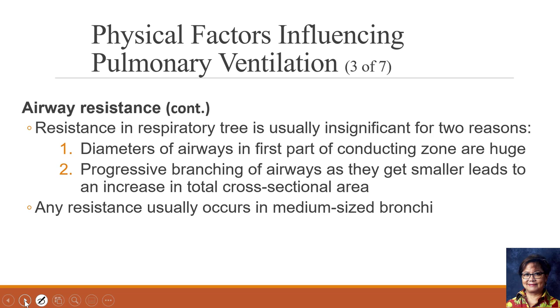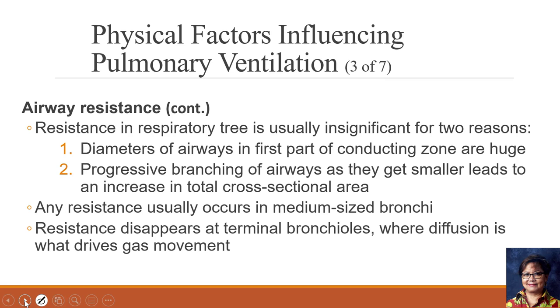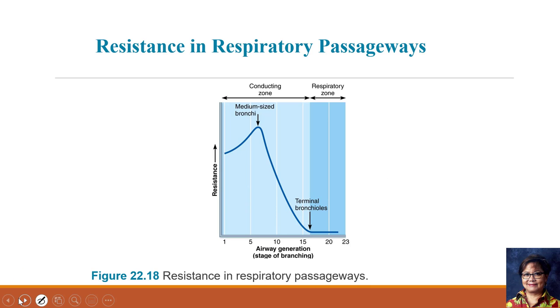And the diameter is being held in place as large because of the C-shaped cartilages in the trachea. So resistance would disappear at the terminal bronchioles, where diffusion is what would be driving the movement of the gas after this, right?